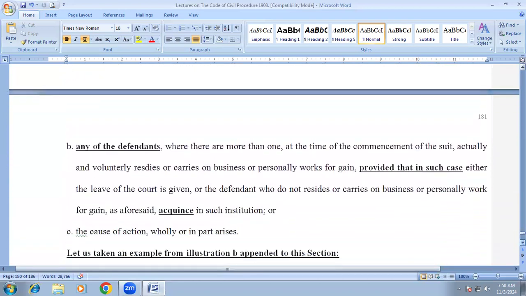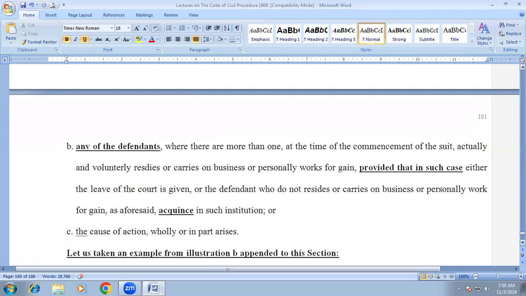In the next point, if the defendants are residing at different places within the jurisdiction of different courts, then the civil suit can be filed before the civil court within which any of the defendants, where there are more than one, at the time of commencement of the suit actually and voluntarily resides or carries on business or personally works for gain.